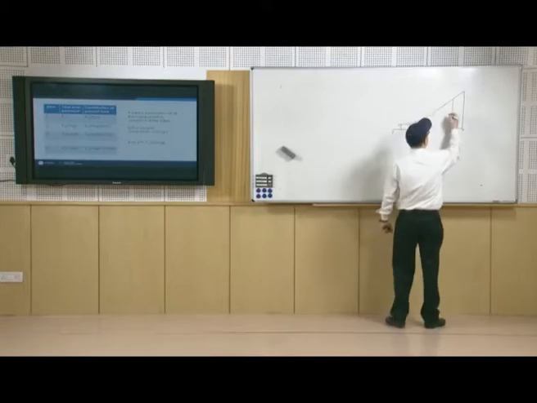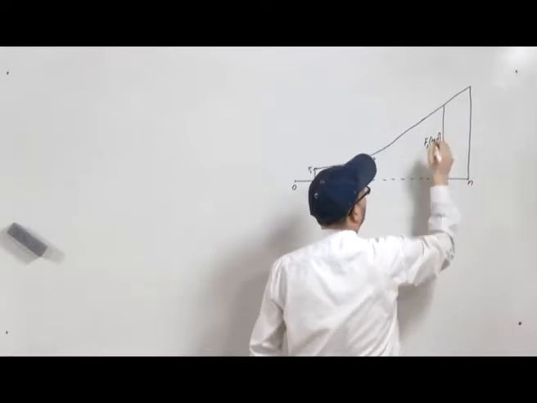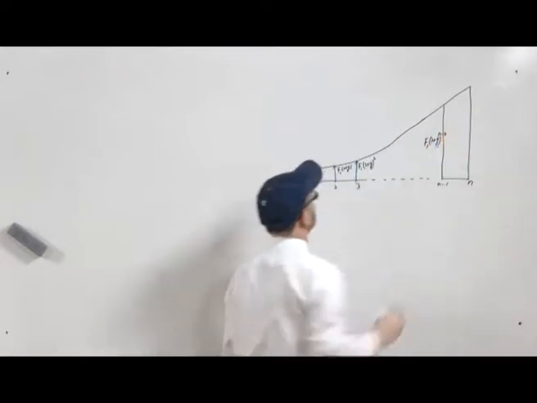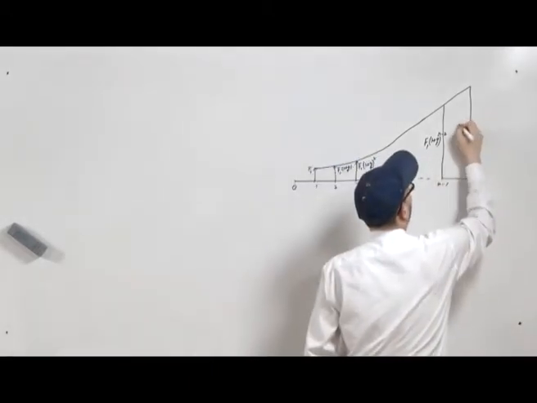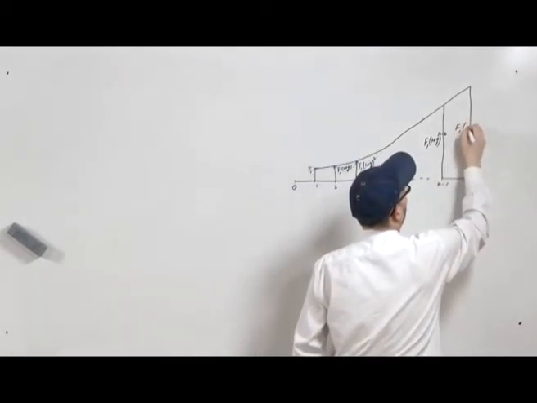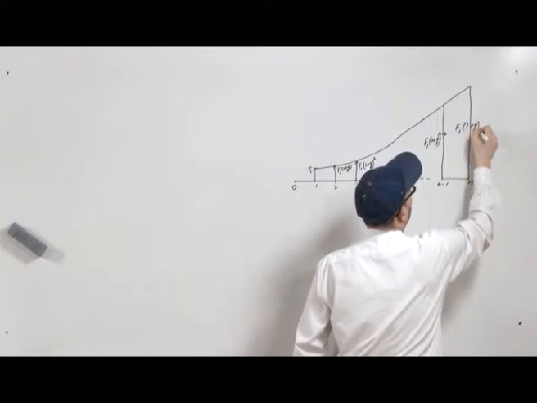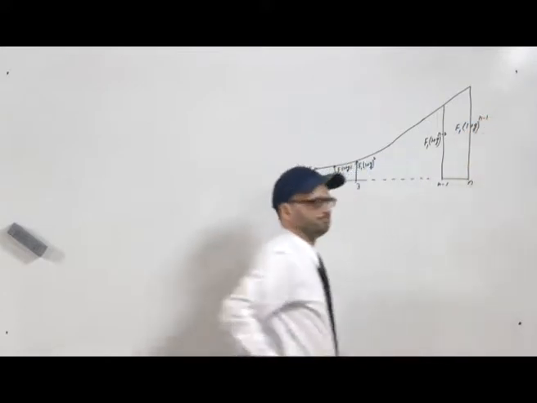So, in the n minus 1th year it will be F1 multiplied by 1 plus G raised to the power n minus 2, and in the nth year end you will be paying F1 into 1 plus G raised to the power n minus 1.